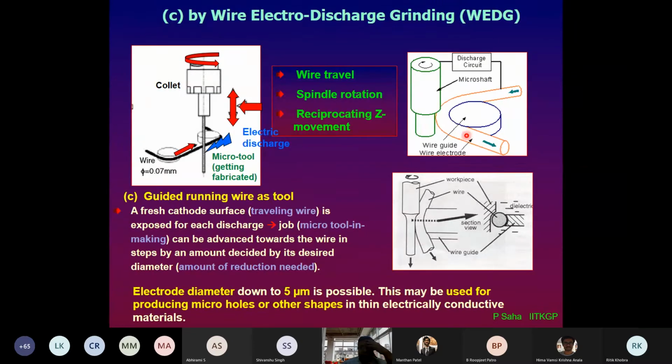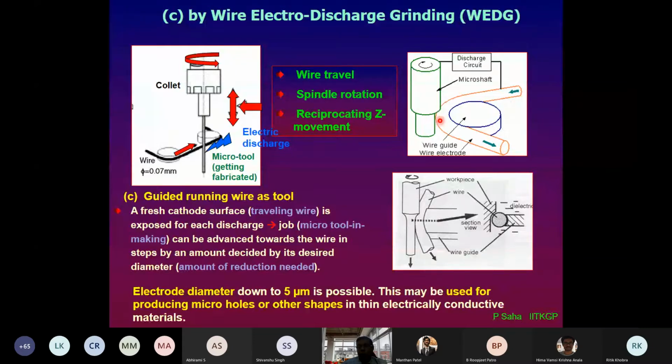Whereas for this kind of traveling wire, we have a supply spool and a take-up spool. So any portion of the wire will be used once for all, and after that it will not be used any longer.